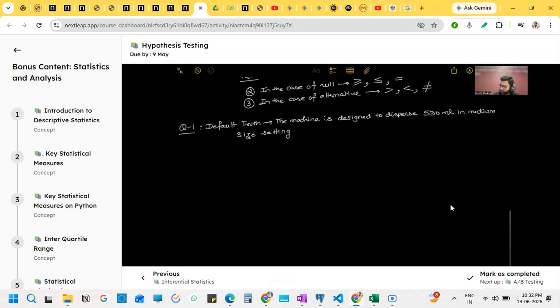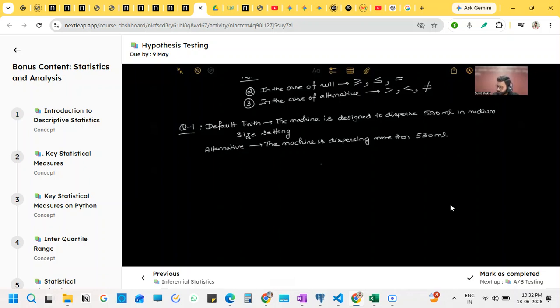So what is my counter or alternative assumption? The machine is dispensing more than 530 ml.